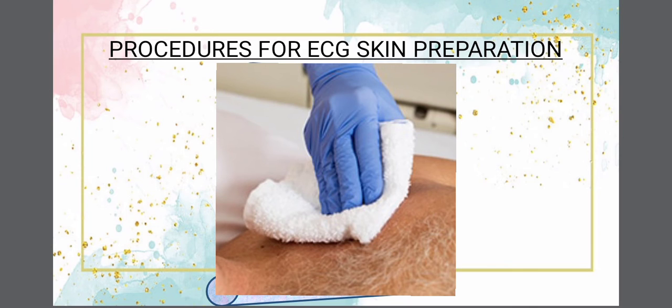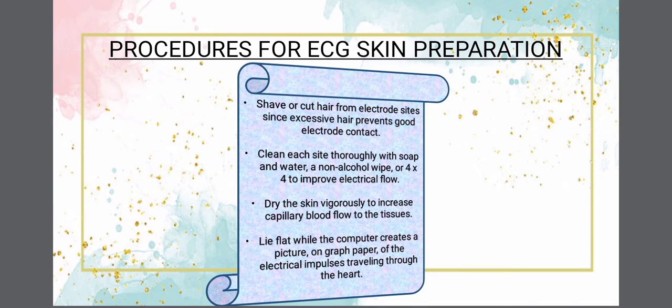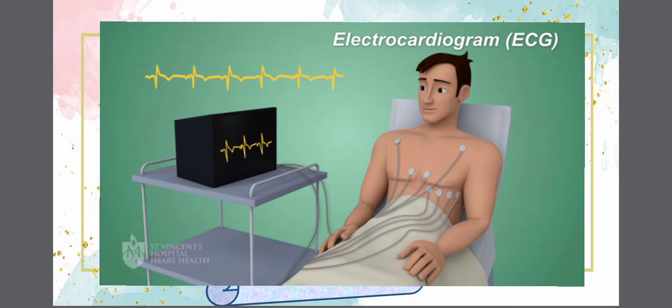Use a non-alcohol 4x4 wipe to improve electrical flow. Next, dry the skin vigorously to increase capillary blood flow to the tissue. Lastly, lie flat while the computer creates a picture on graph paper of the electrical impulse traveling through the heart.